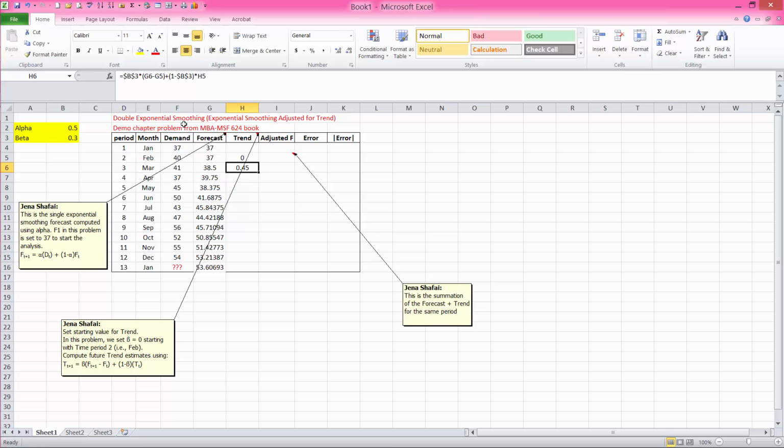I can just copy that down, and now I have all of my trend components.